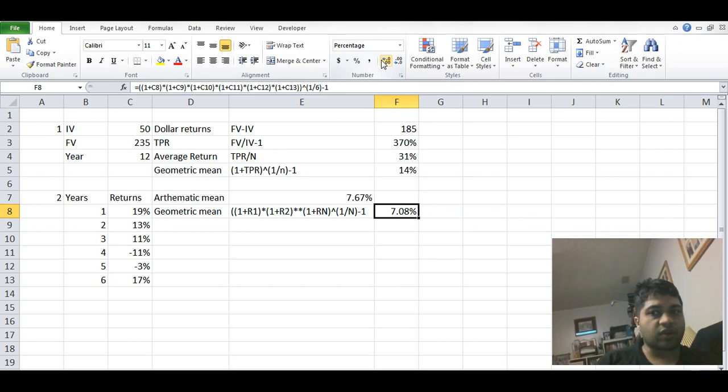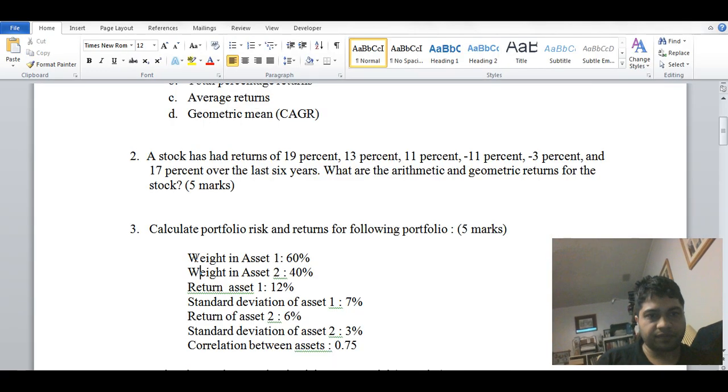Whenever you are solving it on a calculator, do 1.19 multiplied by 1.13 multiplied by 1.11 multiplied by 1 minus 11%, so it is somewhere around 0.89, 0.97 and 1.17. Multiply all of these and then raise it to the power 1 by 6. Okay, so this solves the second question.